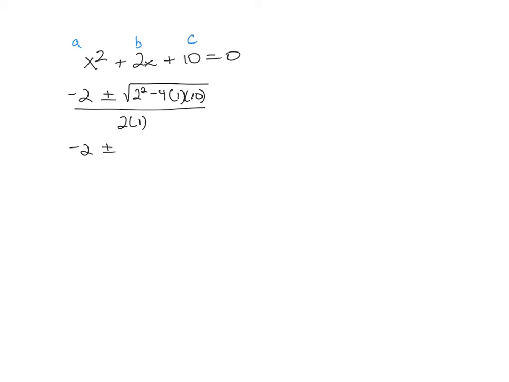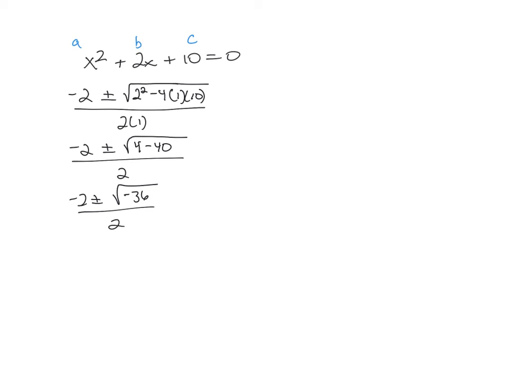So negative 2 plus or minus 2 squared is 4. 4 times 1 is 4. 4 times 10 is 40. Okay, so 4 minus 40 is negative 36.